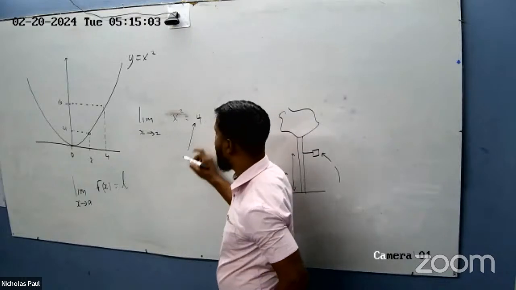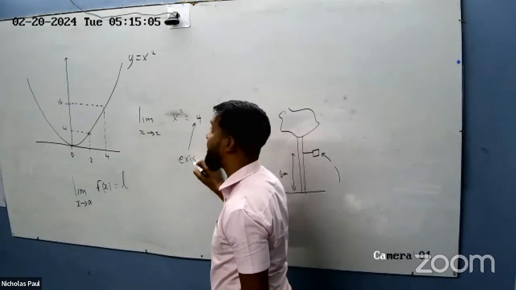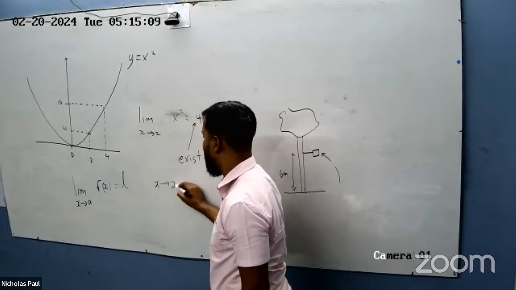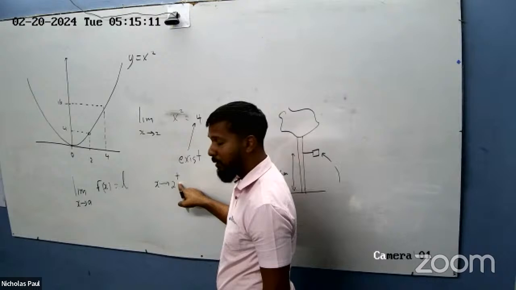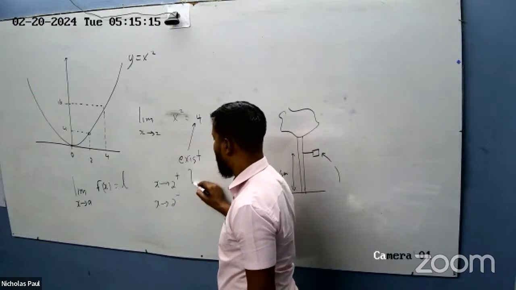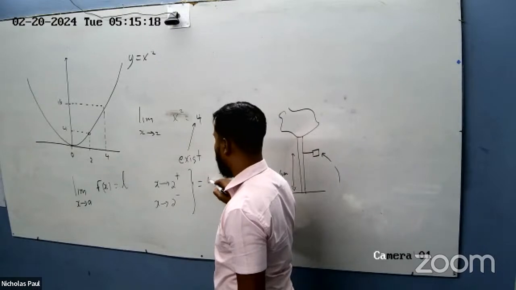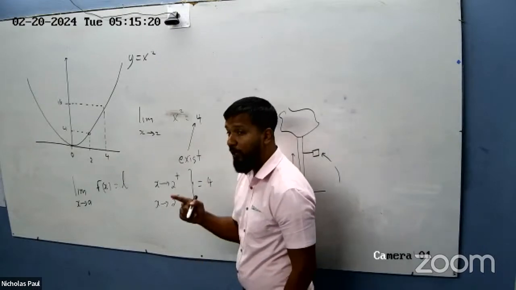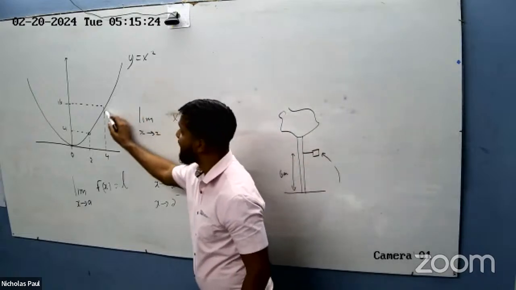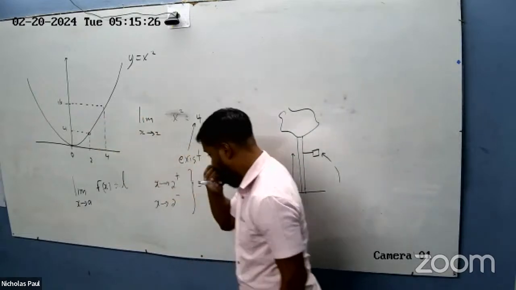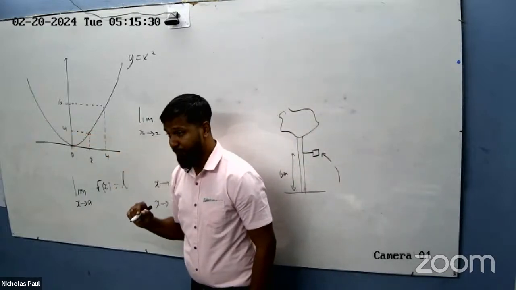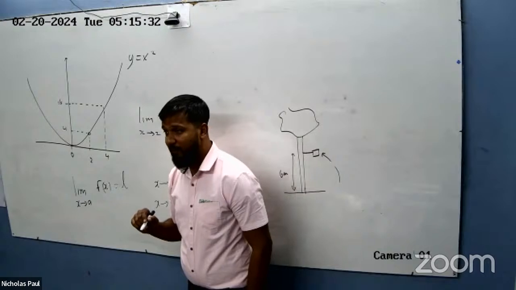So the only way this limit will exist is if as we approach 2 from the right and from the left, both of them give you the same answer, which is 4. That's the only way a limit will exist, right? If you approach from the right and you approach from the left and you get the same value, the limit exists. Are you okay with that?